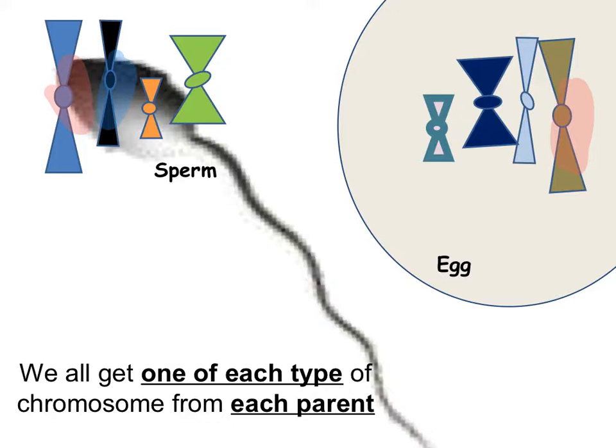Here, dad gave you one of this type, mom gave you one of that type. Dad gave you one of this type, mom gave you one of this type. And you can just keep going along, right? There's the other one. So your parents actually give you a copy of each of those chromosome types, and together they create your homologous pairs.